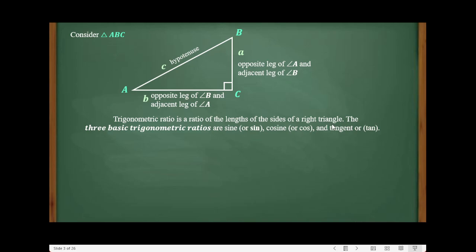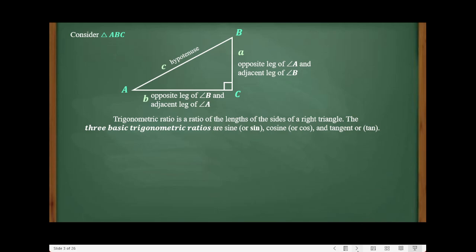Along with this, you will learn the three basic trigonometric ratios. These are the sine, abbreviated as sin, the cosine, abbreviated as cos, together with the tangent, abbreviated as tan. But again, as I told you earlier, we will focus on the first two, and we will consider the ratio for tangent in the next video.